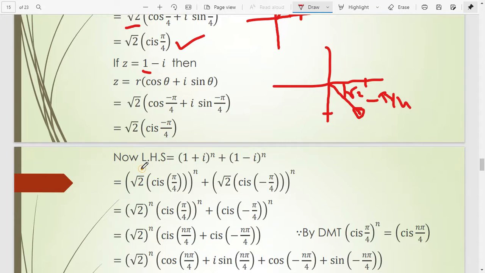Now let the left hand side be (1 + i)^n + (1 − i)^n, and we put the value 1 + i equal to √2 e^(iπ/4) plus the value of 1 − i equal to √2 e^(−iπ/4), raised to n. Now take out root 2: (√2)^n times [(e^(iπ/4))^n + (e^(−iπ/4))^n].